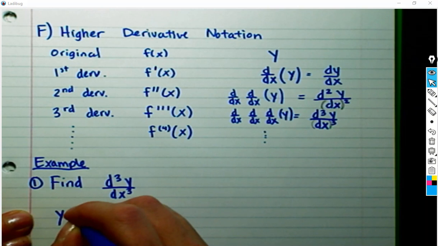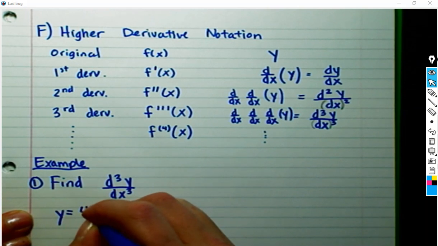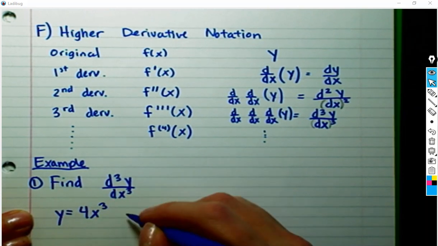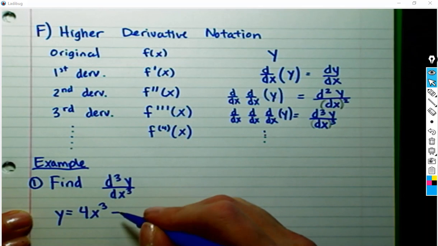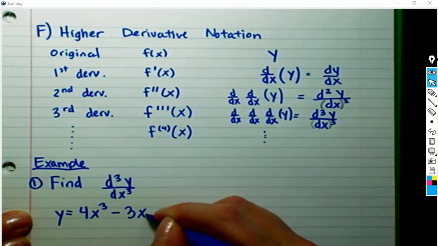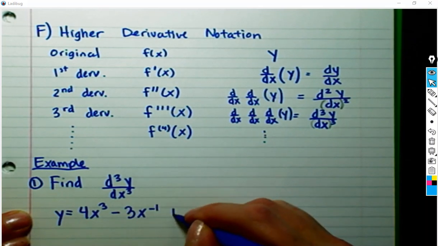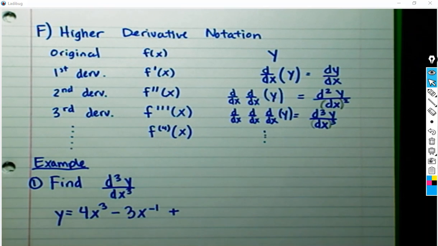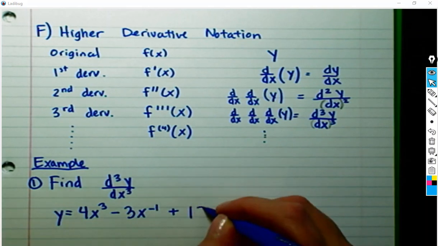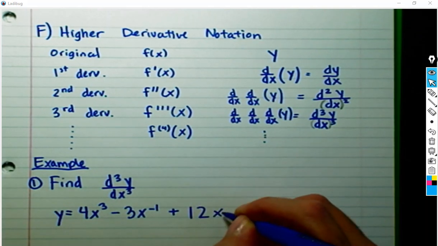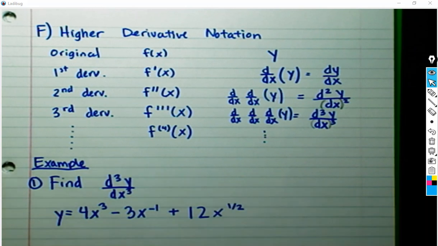So we're going to start with y equals 4x cubed minus 3x to the negative 1 plus 12x to the 1/2.